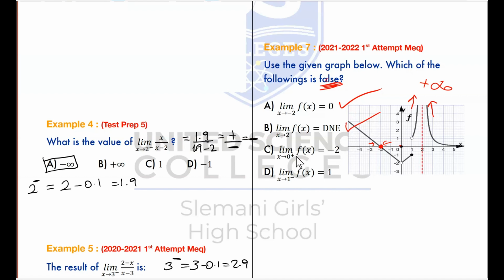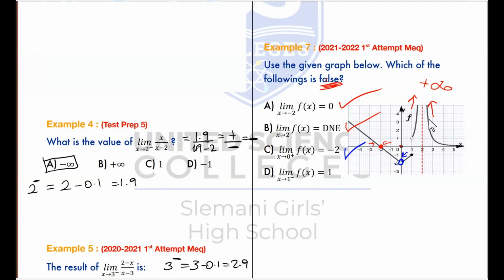What about 0 from the right? This is 0. From the right, I don't have a graph above 0. Below I do. From the right, my function is heading towards this point, whose y value is negative 2. So that's also true.